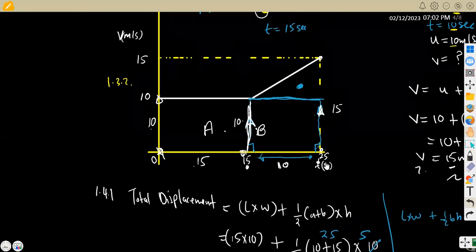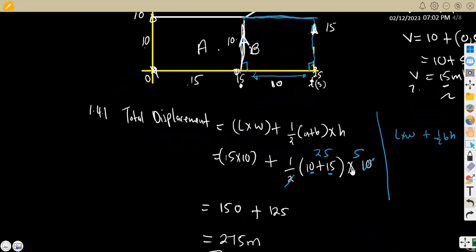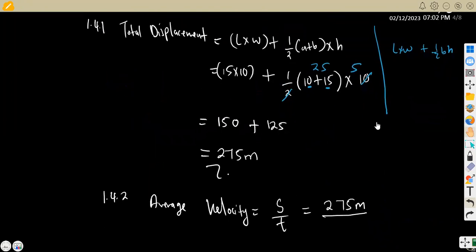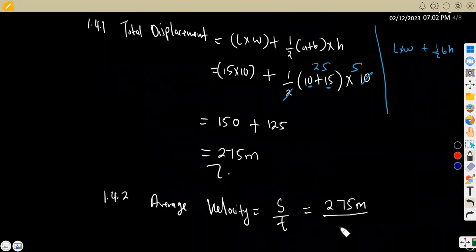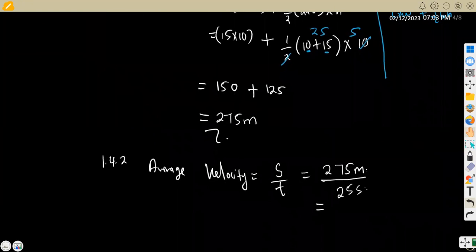From the diagram, our total time was 25 seconds. So take note, this time is in seconds and our displacement is in meters. So our answer is going to be in meters per second. If we divide 275 by 25, we are going to obtain 11. So that's 11 meters per second.